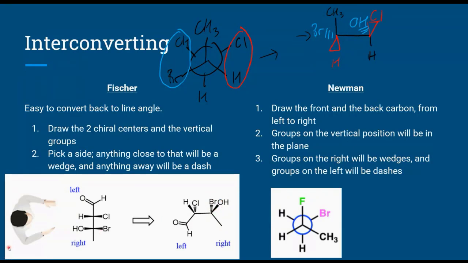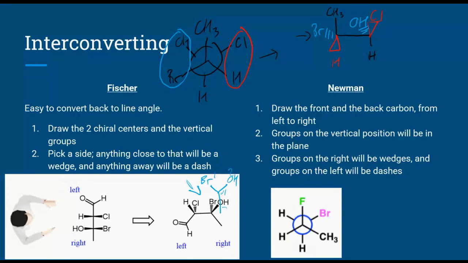Yes, because I was looking at it the wrong way. I thought, because the fourth group isn't on a wedge, that means it's S. But you're supposed to look at it from this angle because it's a little different when the fourth group is in the plane. So if you look at it like that, you can see that bromine would be over here, OH would be here, and then CH3 would be this way, pointing in that direction in the back.